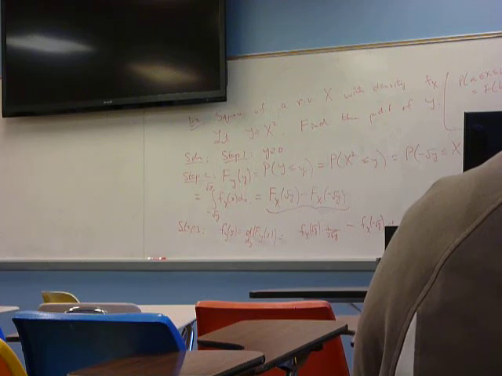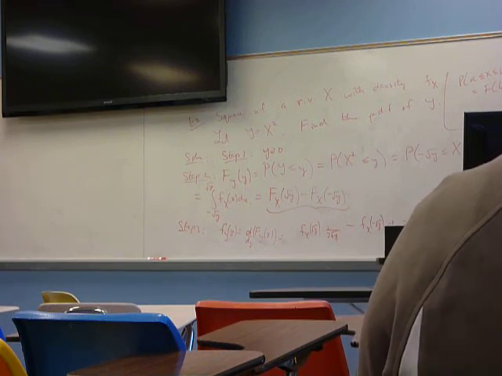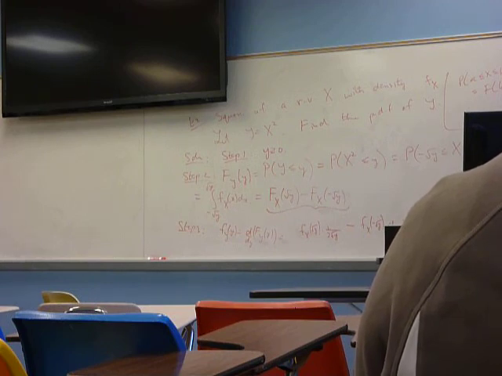So here you have lambda e to the negative lambda x dx. When you integrate this out, if you remember your distribution function, you know that this is 1 minus e to the negative lambda square root of y.